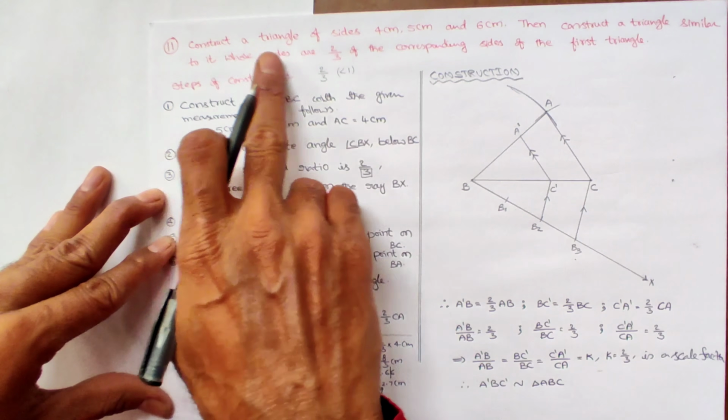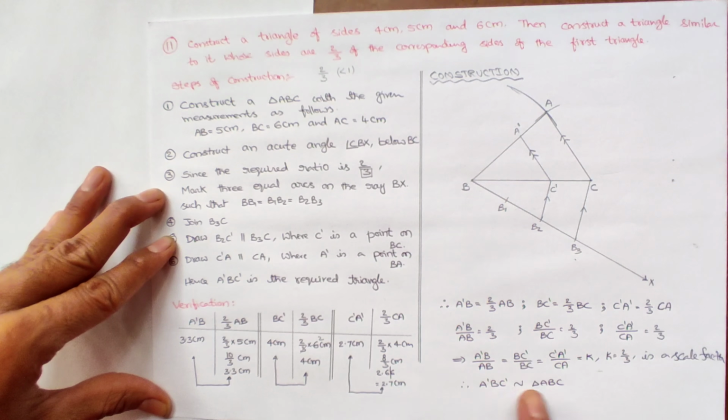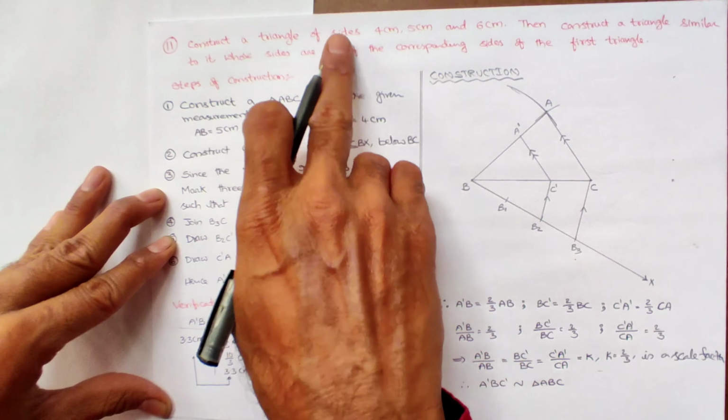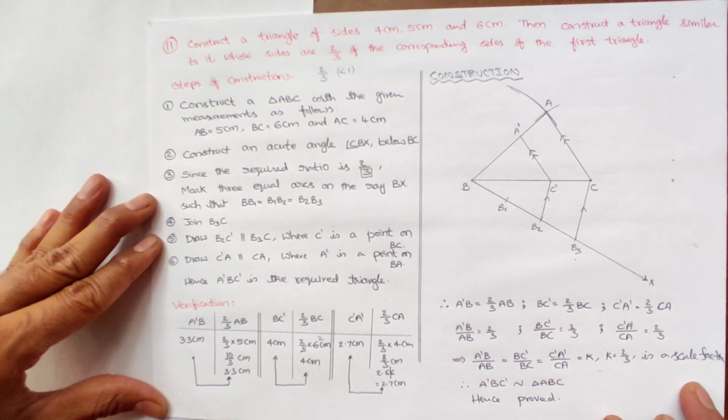We had to construct another triangle similar to this triangle. So these two are similar, where the scale factor is 2 by 3. Therefore it is hence proved, or hence constructed. We can add hence verified also. So with this, the 11th problem gets completed.